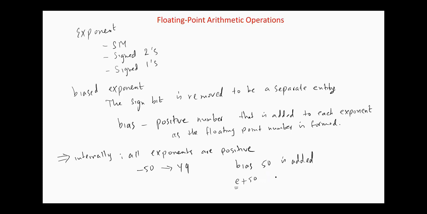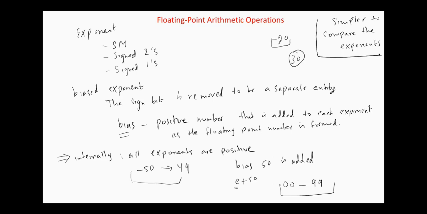And the range of exponents will be from 00 to 99, and not from minus 50 to 49. For example, if the actual exponent is minus 20, then after adding 50 to it, the biased exponent will be 30. The advantage of using biased representation is that it will be simpler to compare the relative magnitudes of the exponents.